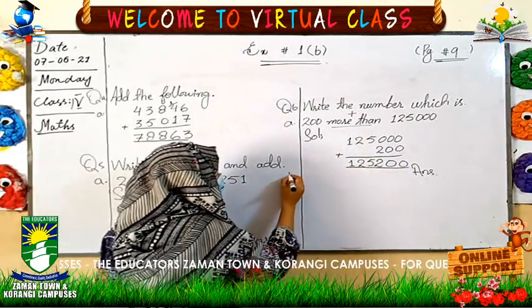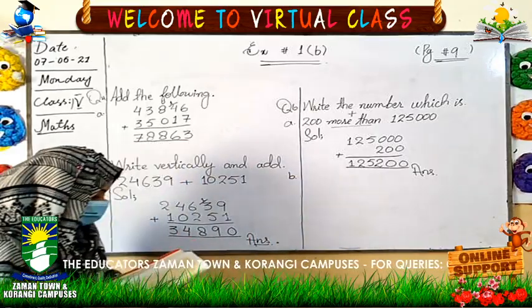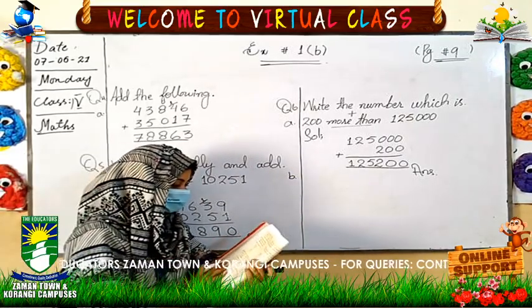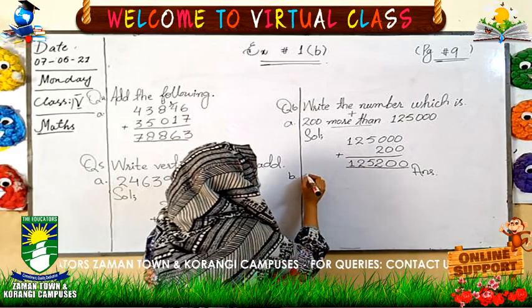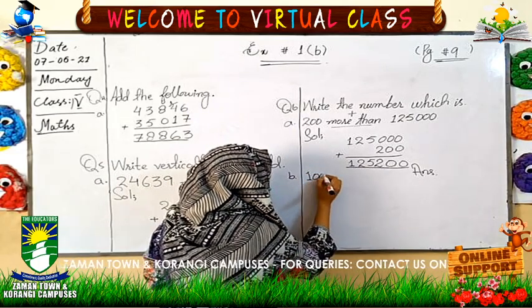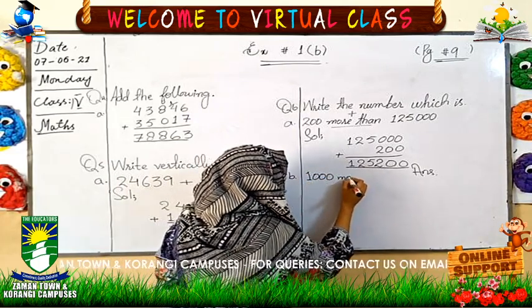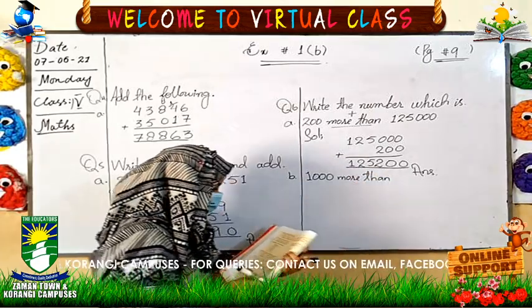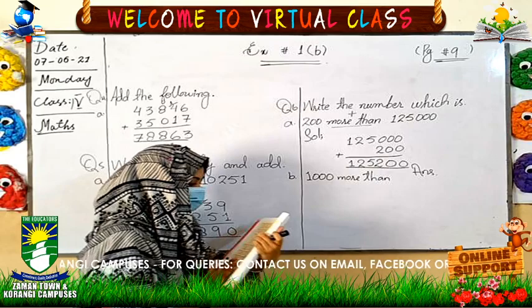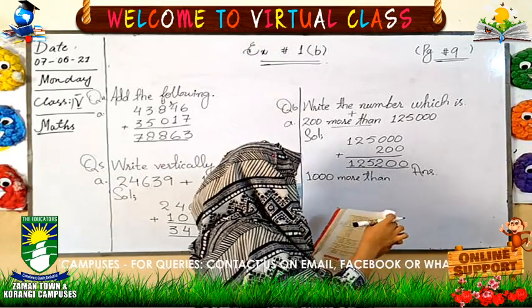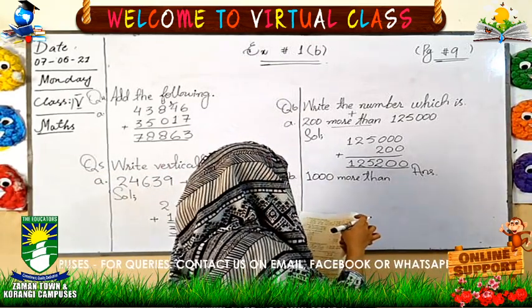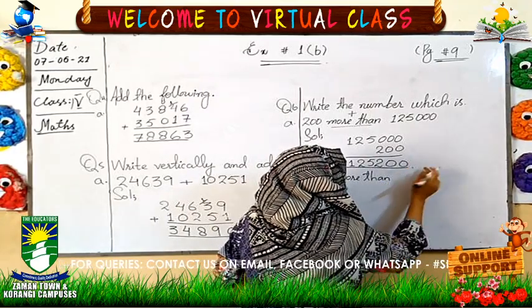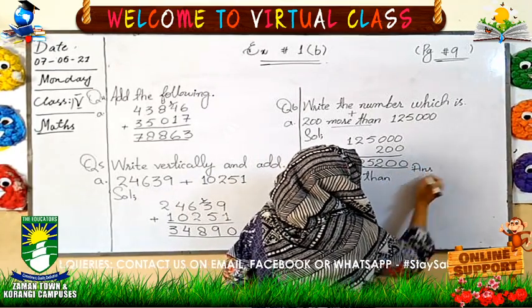Come towards part B, which is 1000 more than 2 lakh.